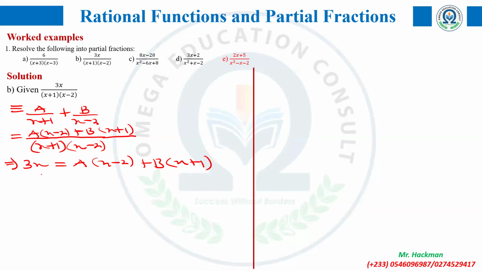So at this point, you equate. We are going to use the cover up method. Please, it is advisable to use the cover up method when you realize that all your factors are linear. When you see that, it is always convenient to use the cover up method. So no matter how much you are in love with the comparing coefficient method, use it when your factors are all linear.